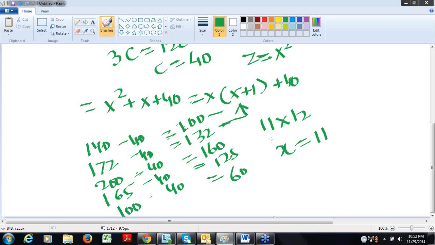So the people who play drums, put this value of x into this equation. It will come out to be 121 plus 11 plus 40, which is 132 plus 40, 172. That means this is the answer. 172 will be the answer.